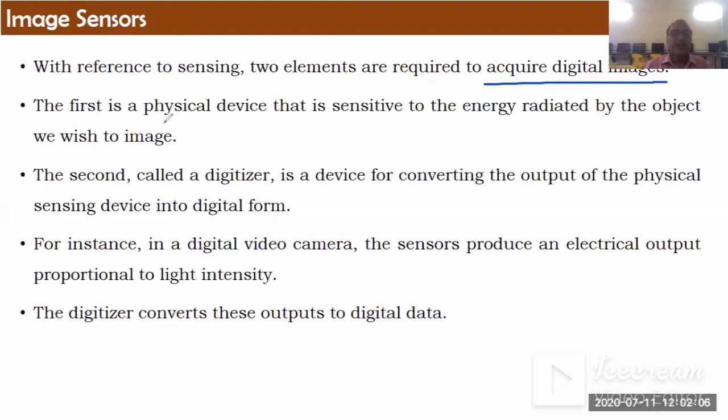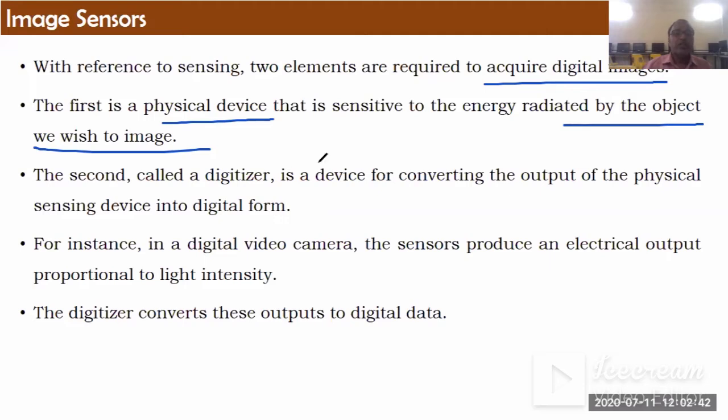First is a physical device that is sensitive to the energy radiated by the object, and is used to detect the image of the object. For example, a camera. The camera will flash when we click the button. It sends a ray onto the object, and the object returns the ray back to the lens. That is the energy radiated by the object, and it is captured by the lens.